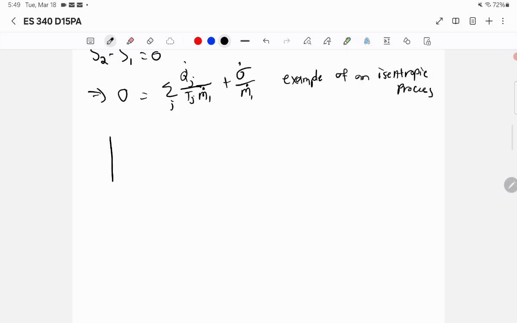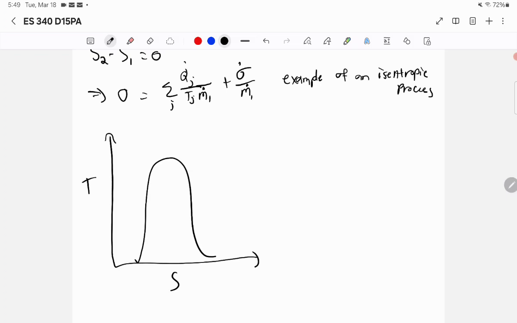Okay, and we can actually look at this on the TS curve. That's one of the curves that we like to look at. It looks something like this. And you can imagine I have a state and I'm going to go straight up.